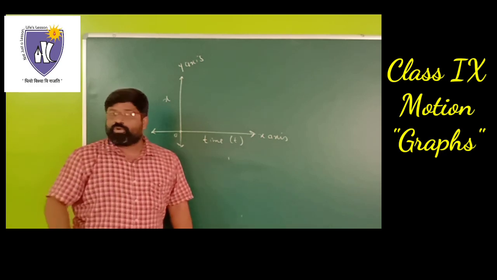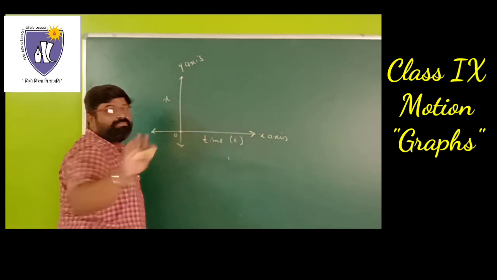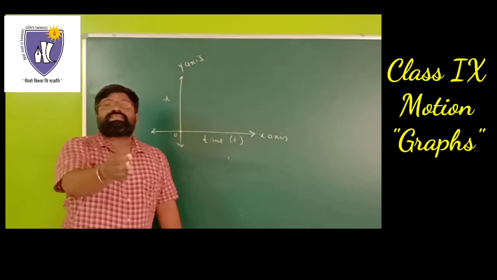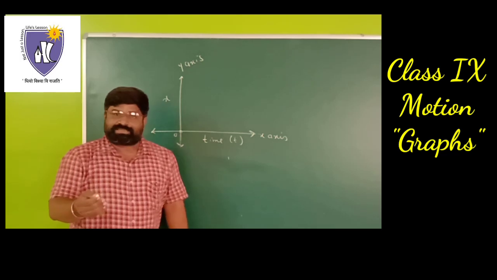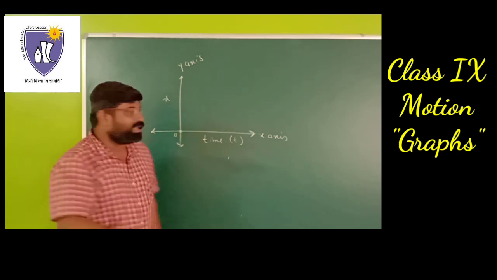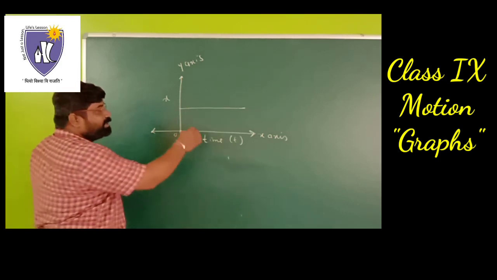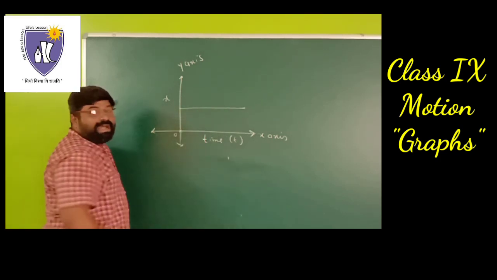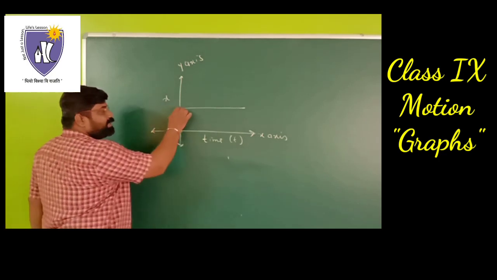In the previous video I had explained to you that this is also called the time axis. In many questions it is asked what the graph which is parallel to the time axis represents. Like this one, what does it represent?